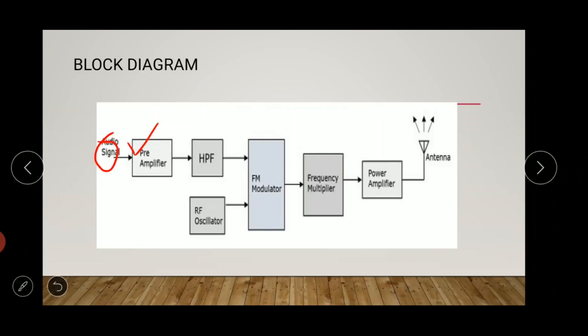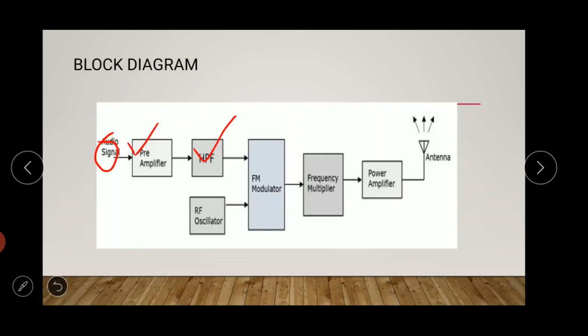So, the audio preamplifier is used to amplify the audio signal coming from the microphone. This signal is then passed to high pass filter, which acts as a pre-emphasis network.